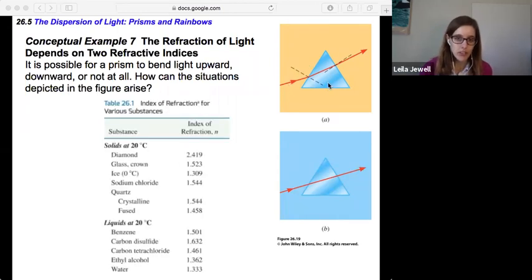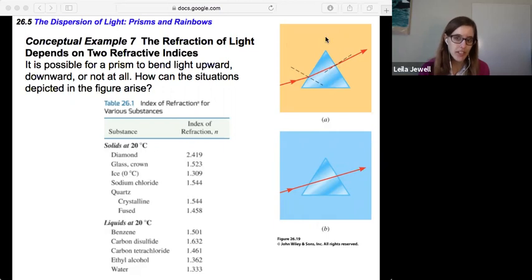Typically, like in the examples shown before, the prism is just in air, which has a refractive index of 1, compared to crown glass that on average has an index of refraction of 1.523. Air and the surrounding gases have a lower refractive index, and so that will bend the light downward.